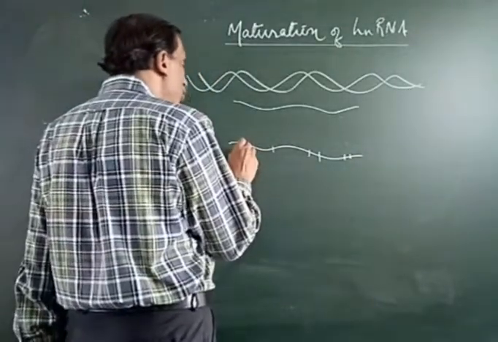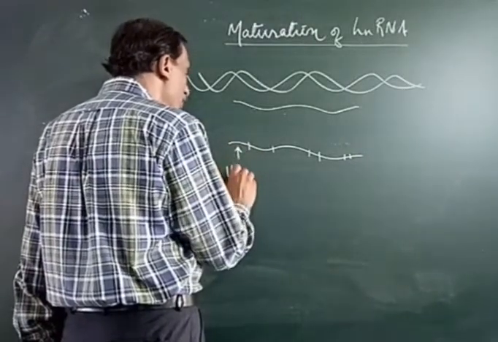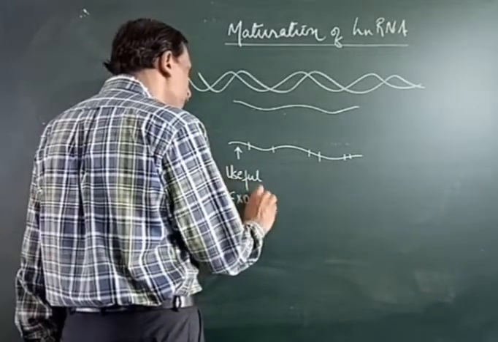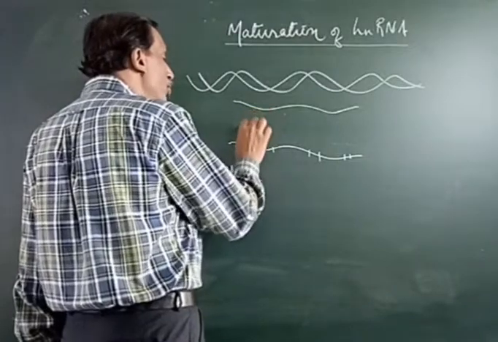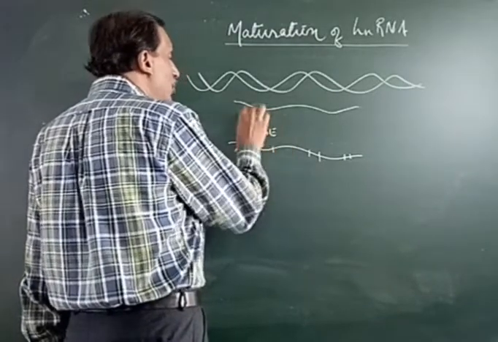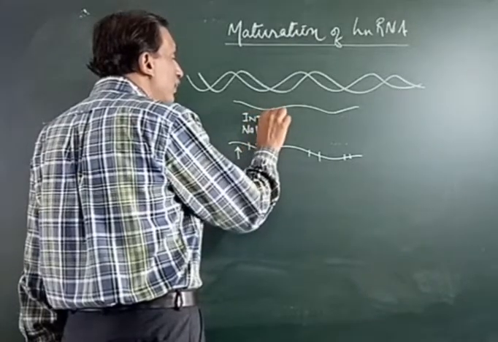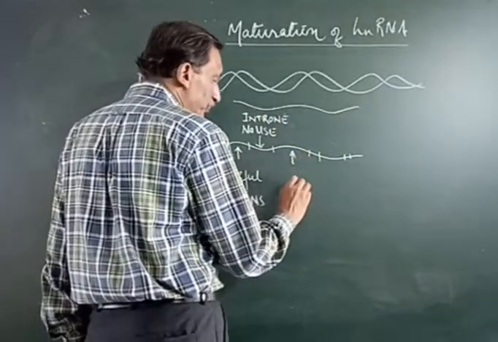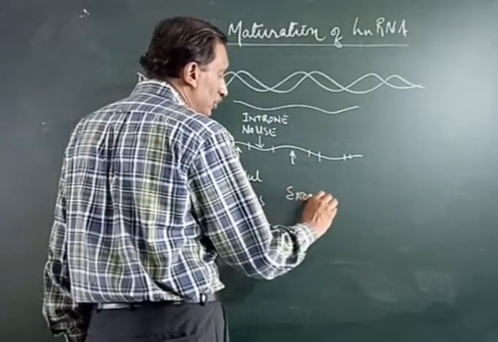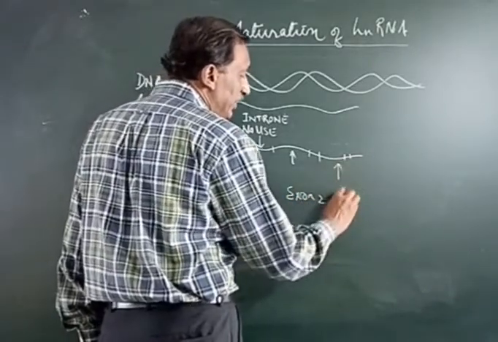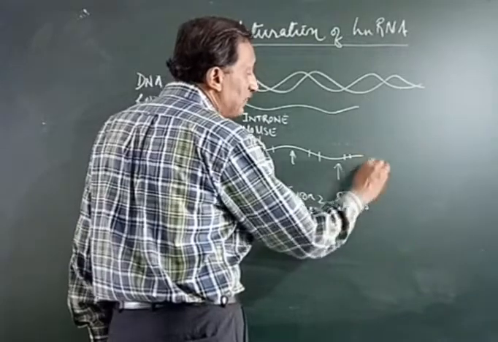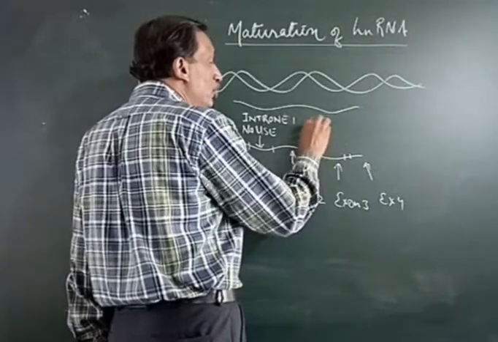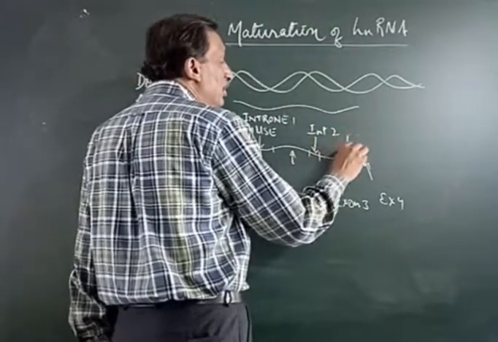The segments which are useful are known as exons, and the segments which are of no use are called introns. So this is exon 1, exon 2, exon 3 and exon 4, and this is intron 1, intron 2 and intron 3.